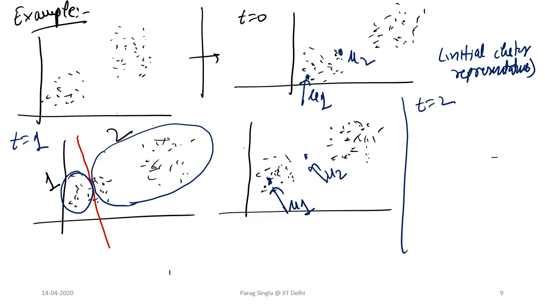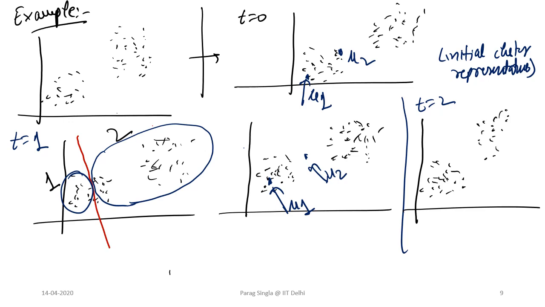What happens is that now you want to figure out your new cluster assignments again based on this new mu1 and new mu2. And what is going to happen is, we draw these points again, and these points again. And this time your decision boundary will almost classify all your points correctly.